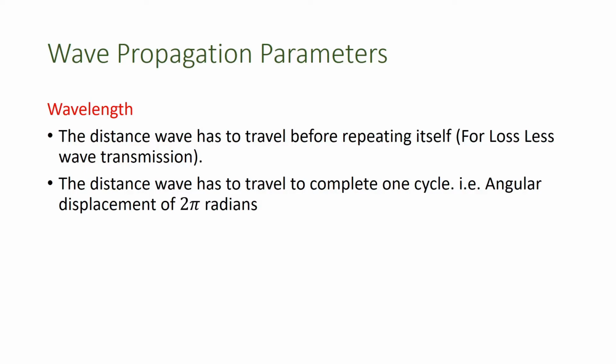In that case, instead of calling it repeating itself, I can say the distance wave has to travel to complete one cycle. When a wave completes one cycle, it undergoes a displacement of 2 pi radians. One complete cycle means an angular displacement of 2 pi radians. It is represented using lambda.